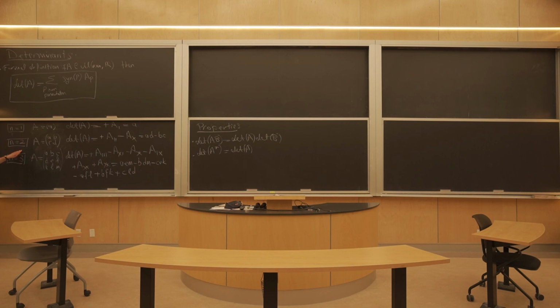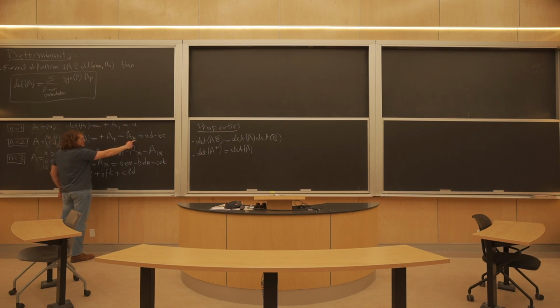In dimension 2, of course, we know that the determinant is AD minus BC. So this is the plus, this is the minus. According to the formula, I have the identity and the swap. The identity corresponds to multiplying the 1,1 entry of A and the 2,2 entry of A, that is, A and D. The sign of this permutation is plus 1, so you leave it like this.